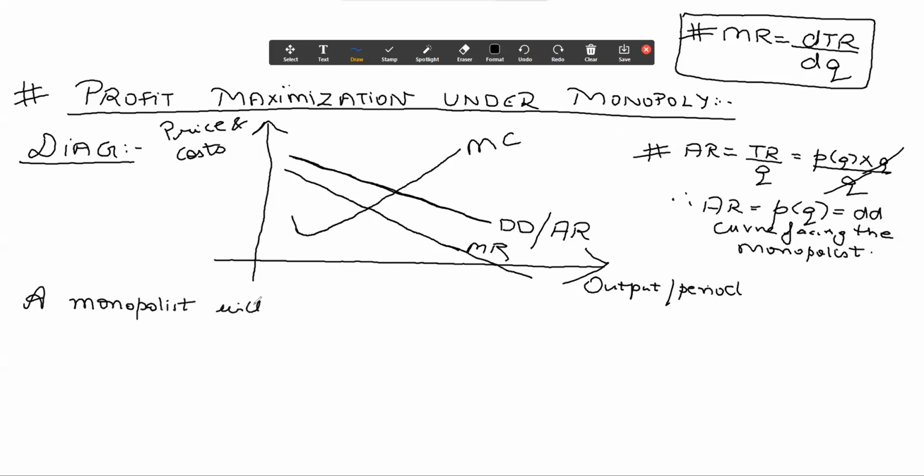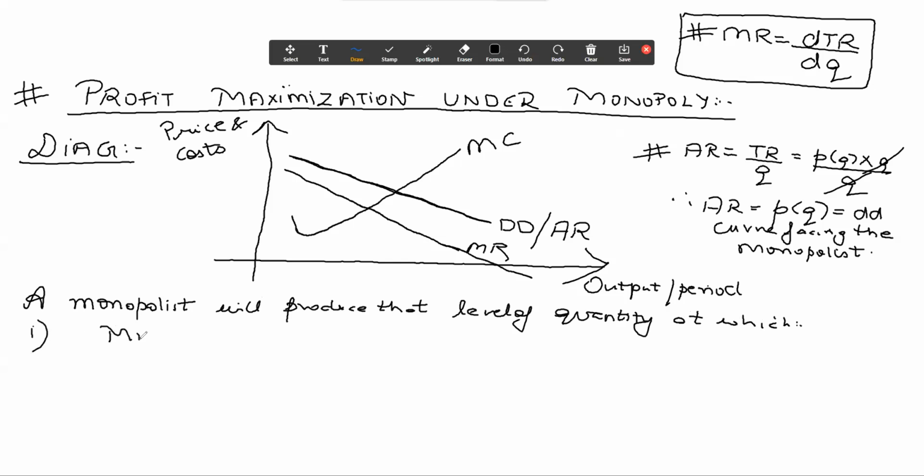A monopolist will produce that level of quantity at which point number 1, MR is equal to MC.